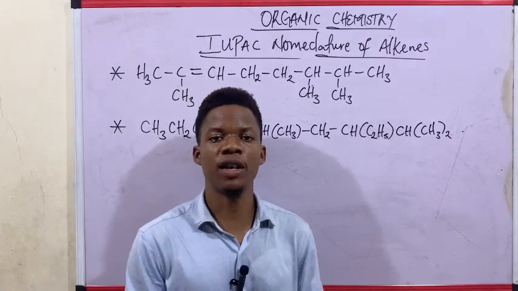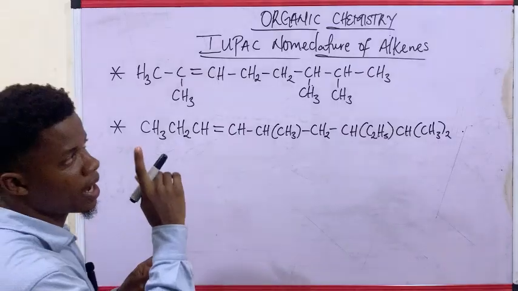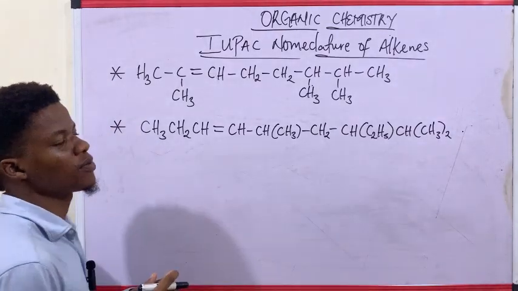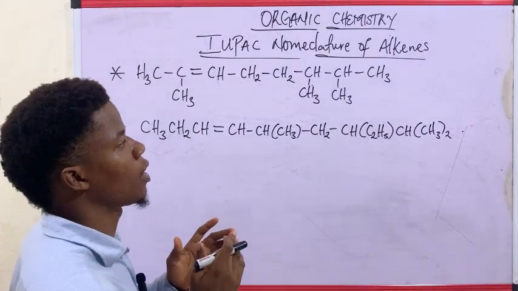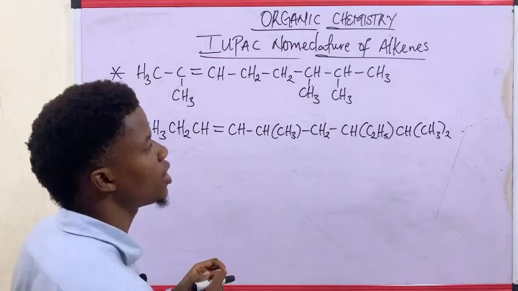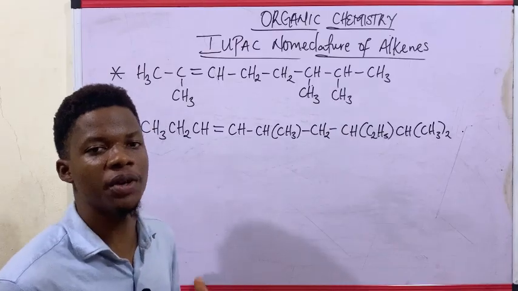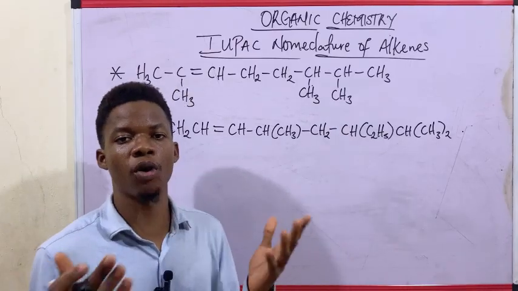Alright, so now let's look at alkenes. In trying to name alkenes, I told you guys that whenever you want to name a hydrocarbon, you must find the parent chain, the longest continuous chain, which personally I consider to be the superior rule.